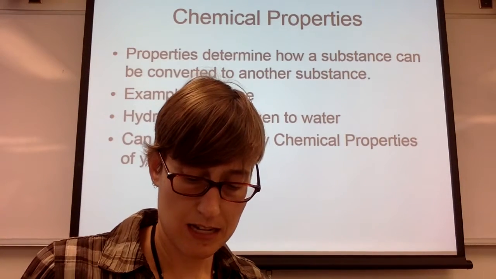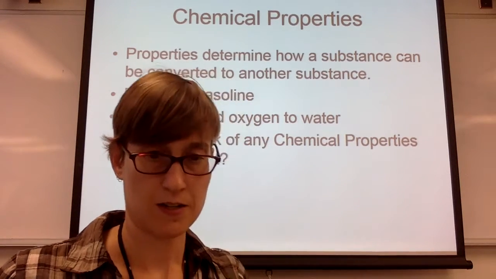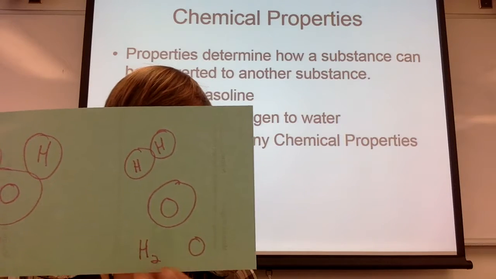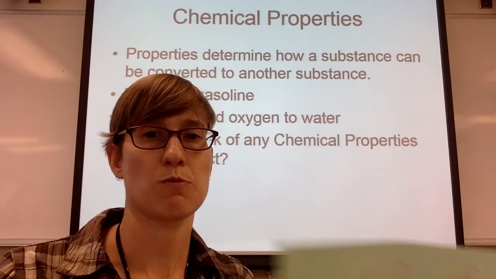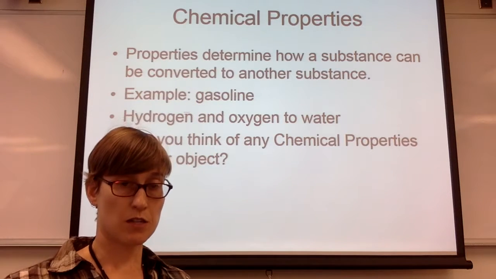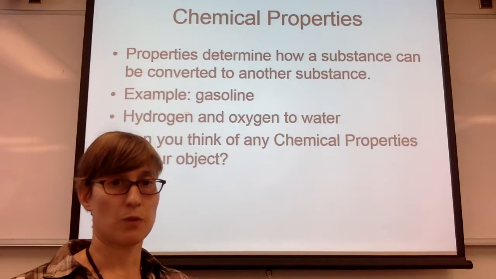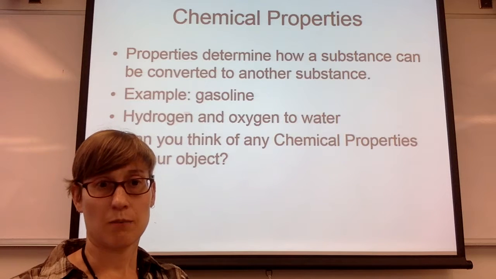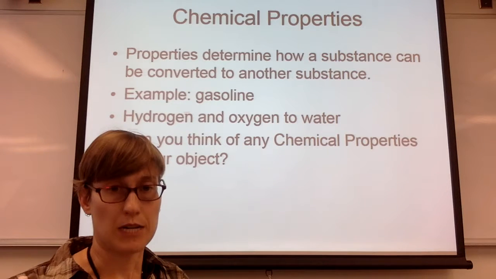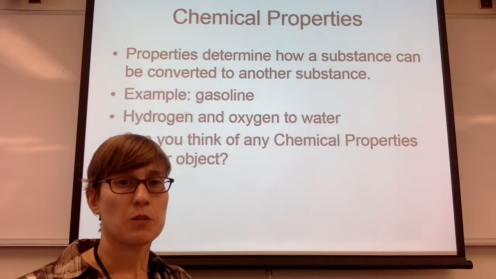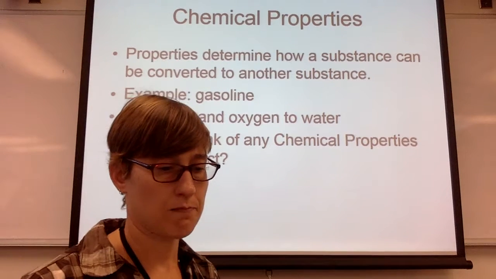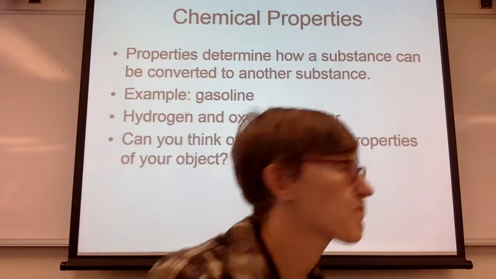It would instead, you'd have two H's and one O. It would no longer be H2O as one. So think about gasoline, for example. We could burn gasoline and break it up, and then it becomes carbon dioxide and water, which we have come out of our cars.